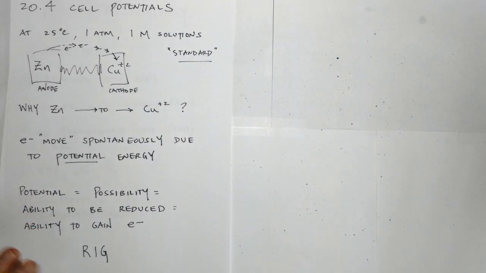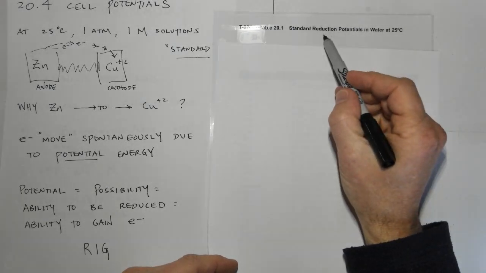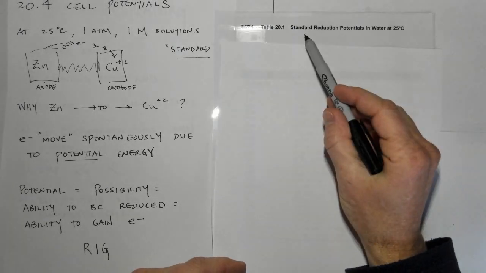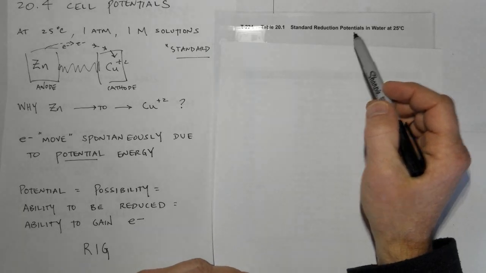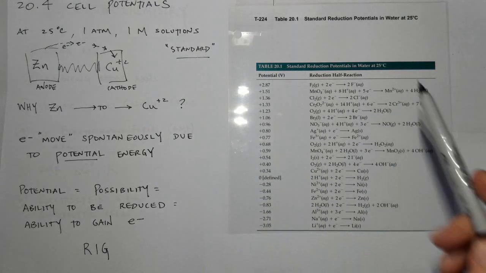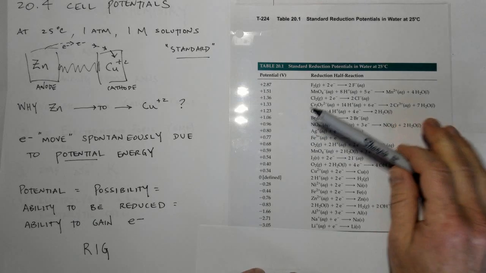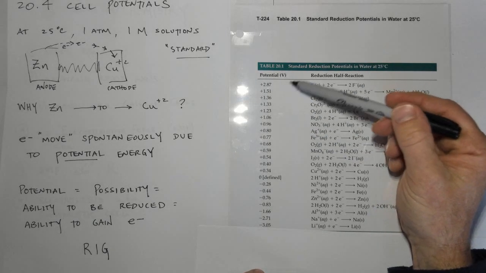The ranking system that shows these is called a standard, because we're at standard temperature, pressure, and molarity. It's called a standard reduction potential, and they put them at 25 degrees Celsius in 1 molar solution. In your textbook, there's a huge list of the possibilities of things being reduced, and they rank them in something called volts.